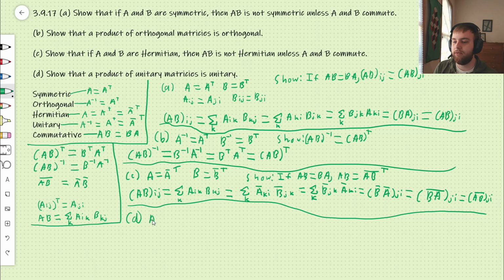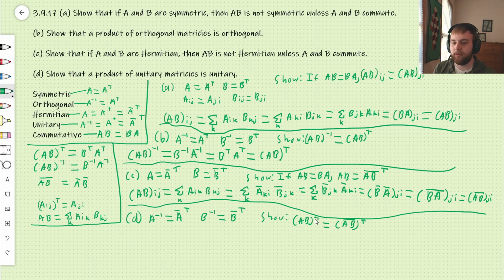So that means we have a matrix A, where its inverse is equal to its complex conjugate's transpose, and same for B. We want to show that (AB) inverse is equal to (AB) complex conjugate transpose.